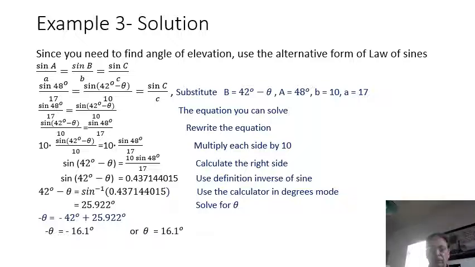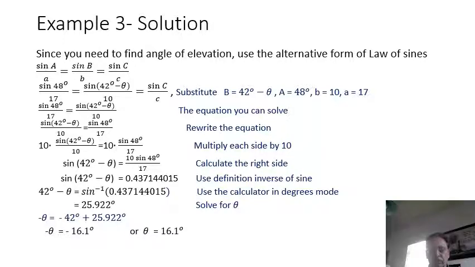and try to get 0.437144015. Okay, now use the inverse sine definition, and you will have 42 degrees minus theta become sine inverse of 0.437144015. Put it on the calculator and try to get 25.922 degrees.